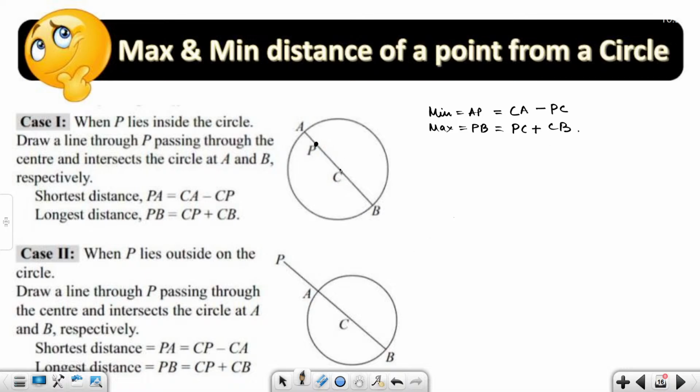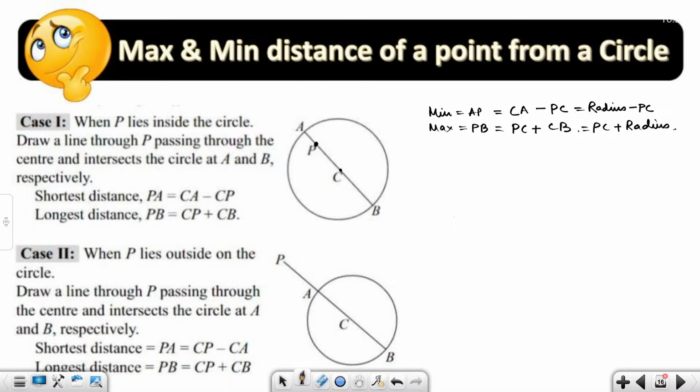C is the center of this circle. Is this clear? So from the first one we can write CA is the radius. So radius minus PC is the minimum distance when the point P is inside the circle. And the maximum distance is PC plus CB, and CB is nothing but the radius, so it is PC plus the radius.